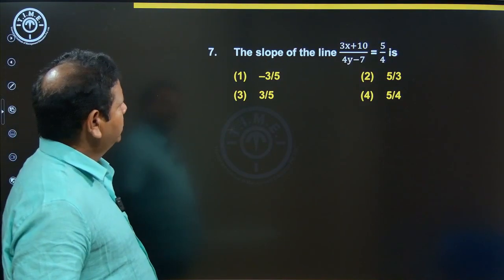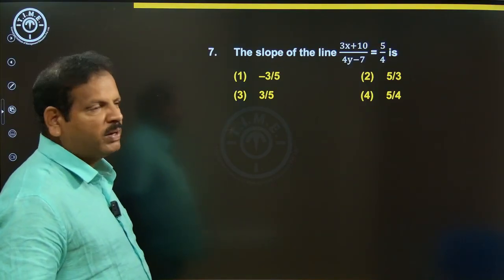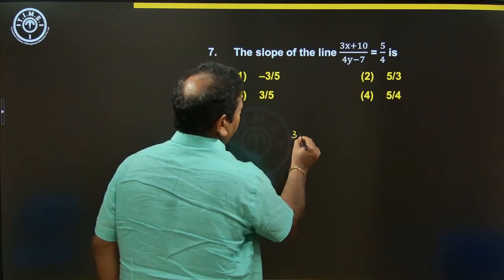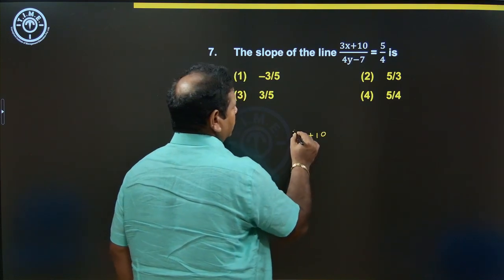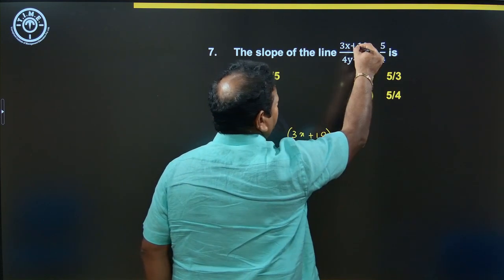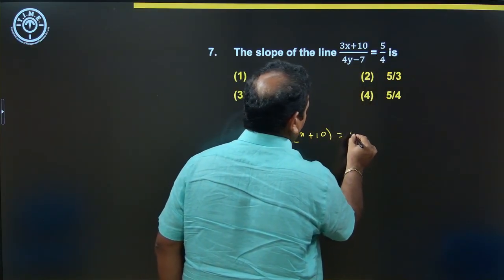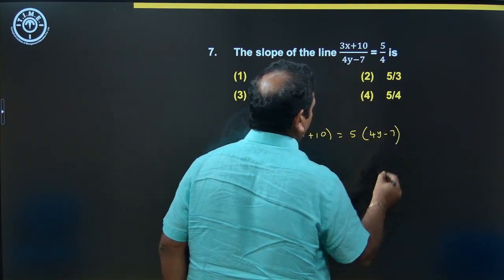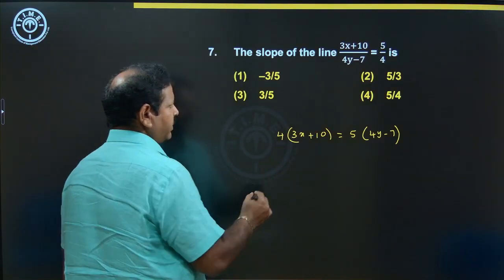Then the slope of the line: (3x plus 10) by (4y minus 7) equal to 5 by 4. Just do the cross multiplication. (3x plus 10) into 4 equal to 5 times (4y minus 7).